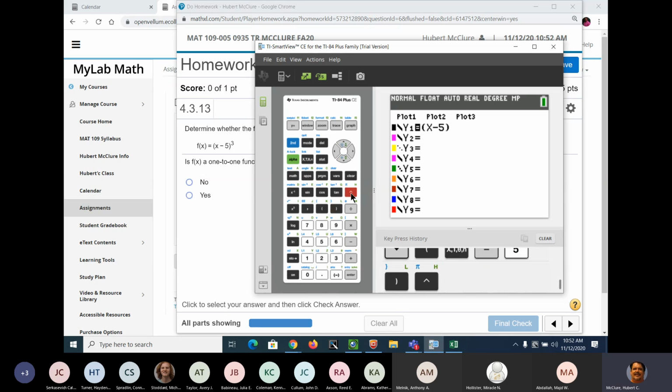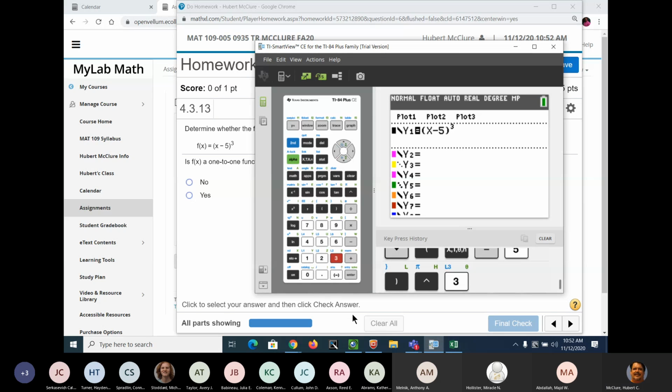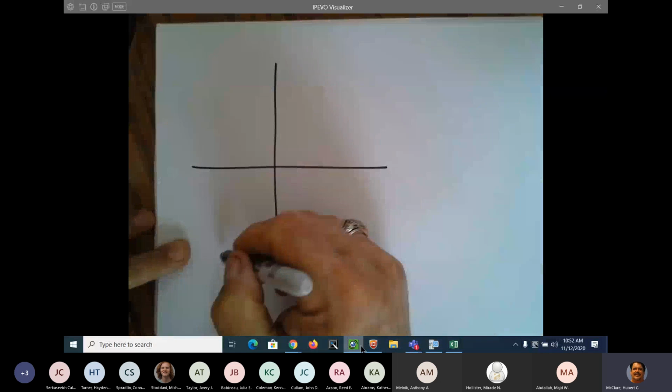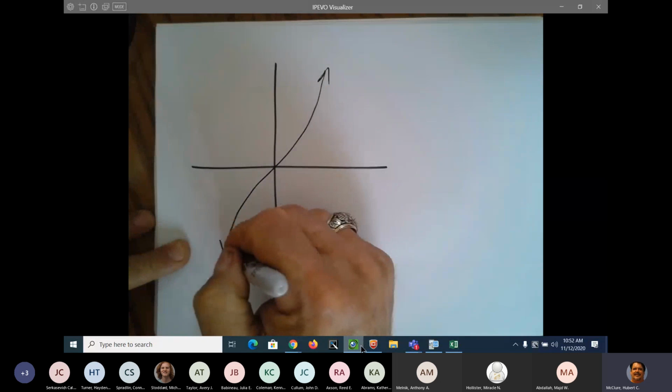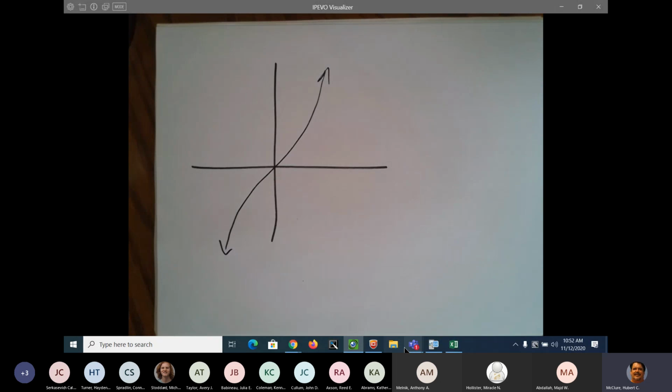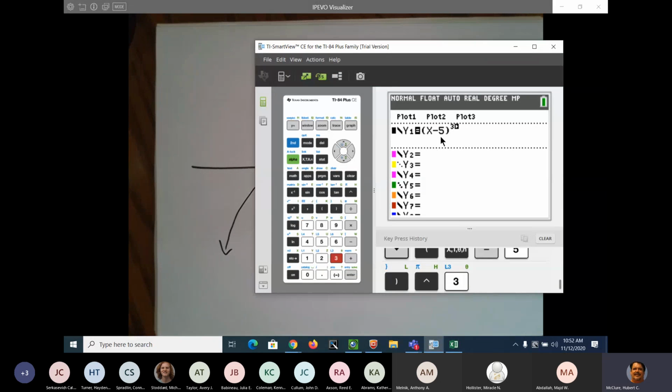Now, by the family of graphs, I know that this function looks like this. I know that the function looks like that. But what do I also know that's given in the question? Look at the question. What is that -5? Starts with an H. Horizontal shift.